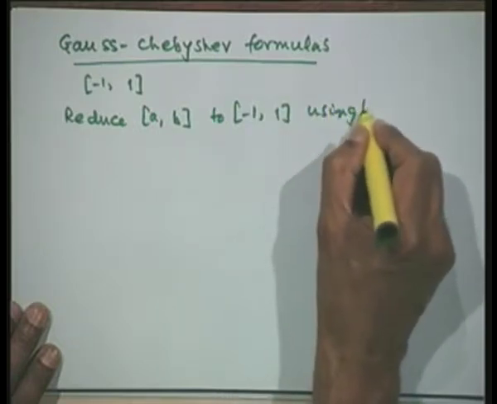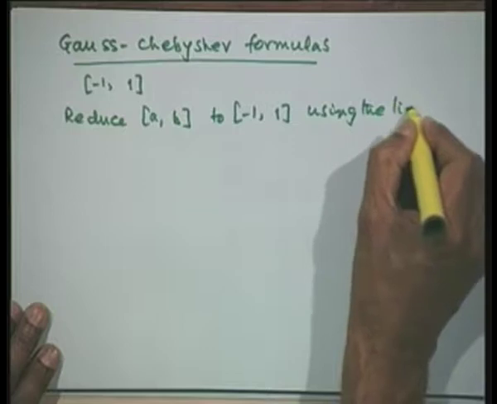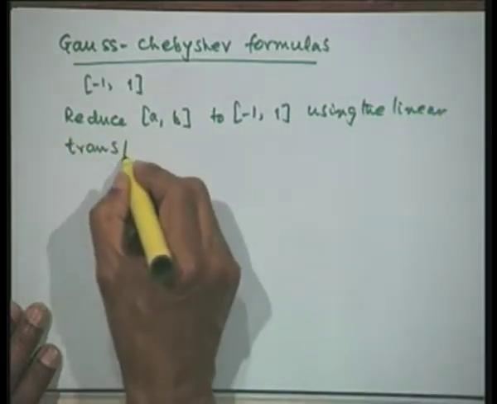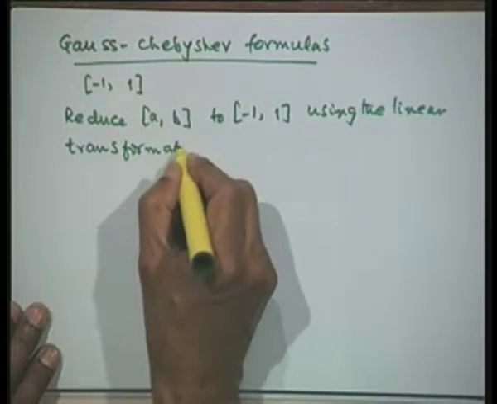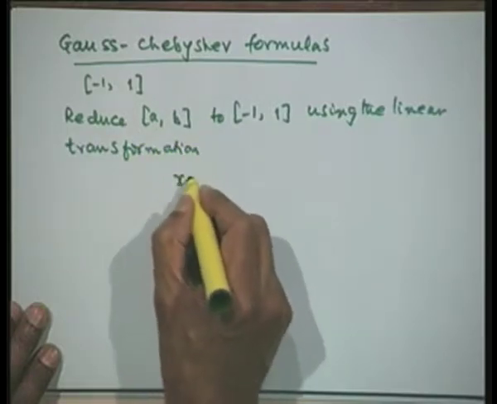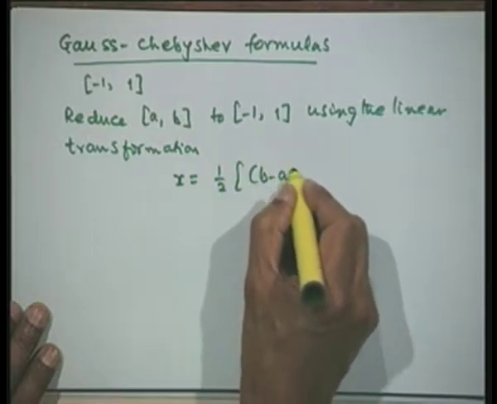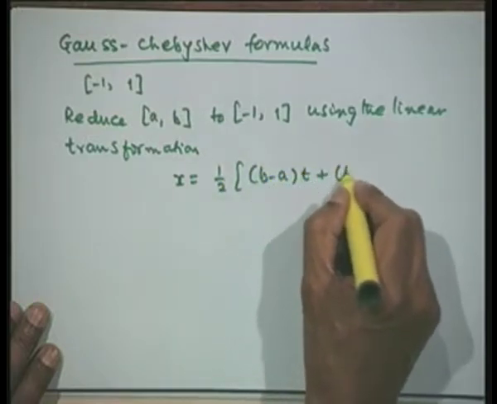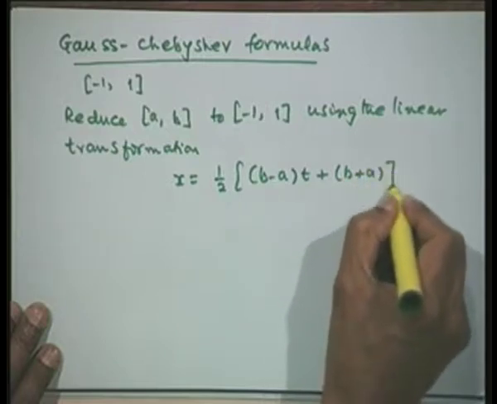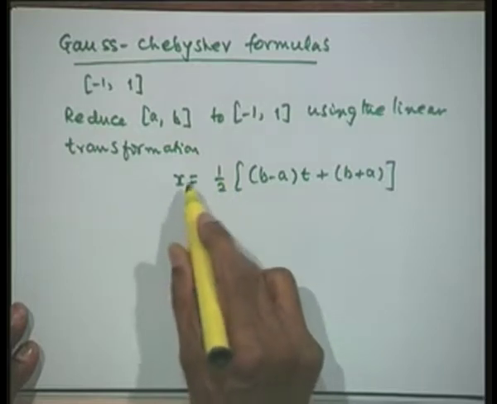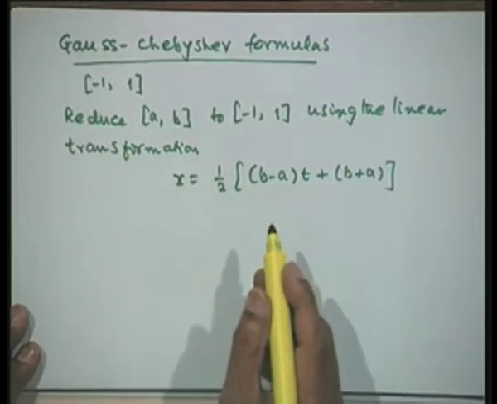This linear transformation we have derived last time, and we can use the same transformation. We have written it as x is equal to half of (b minus a) into t plus (b plus a). Now, t takes the values -1 to 1 when x takes the values a and b.